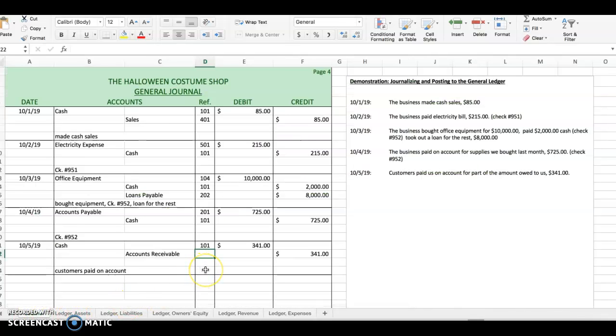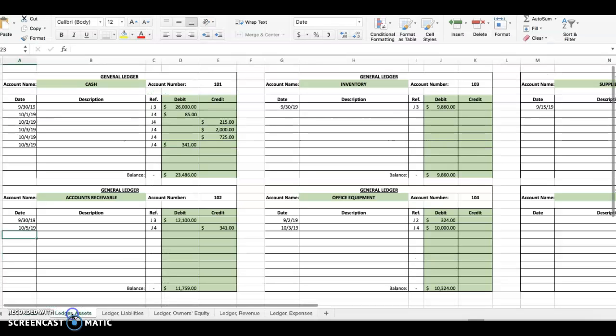And that was 102 back into the journal. So if we look at the accounts receivable now, this credit means that we will be receiving a little less money because people paid us part of what they owed to us. So instead of 12,100, people owe us less.